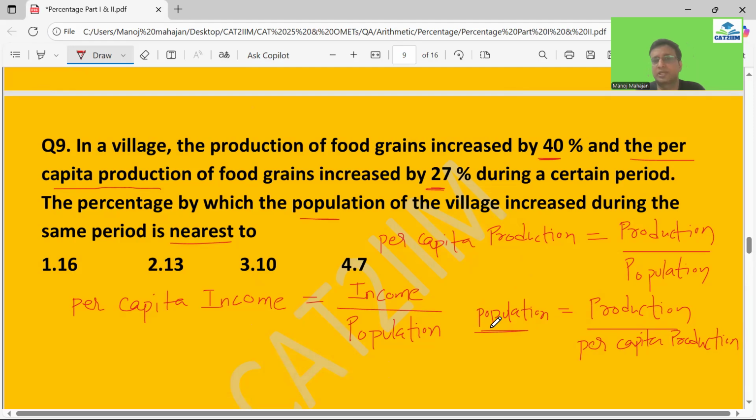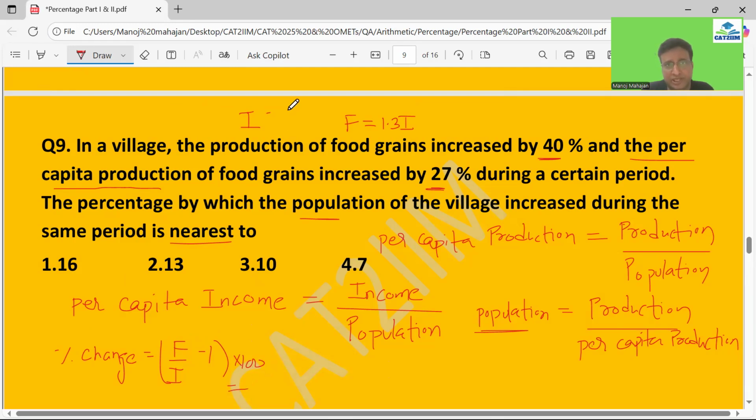So let's say this is the population you have in the beginning, right? In the percentage one class also I told you that if you have initial value of anything as I and final as F, and you know the multiplying factor, let's say I take one quick example: let's say it is 1.3 times of the initial. Using the percentage change concept, F upon I minus 1 into 100, we can get the answer.